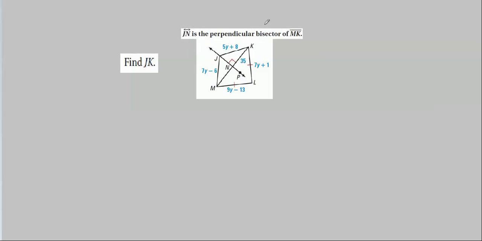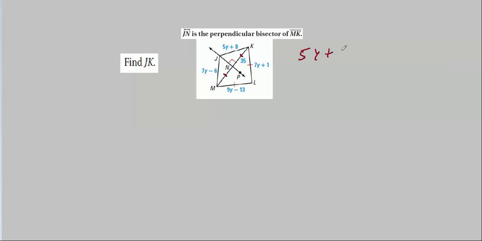JN is the perpendicular bisector of MK. So right off the bat we can say that those two are congruent, but we can say more. J is on the perpendicular bisector, which means it's equidistant from K and M. So these two must be the same.